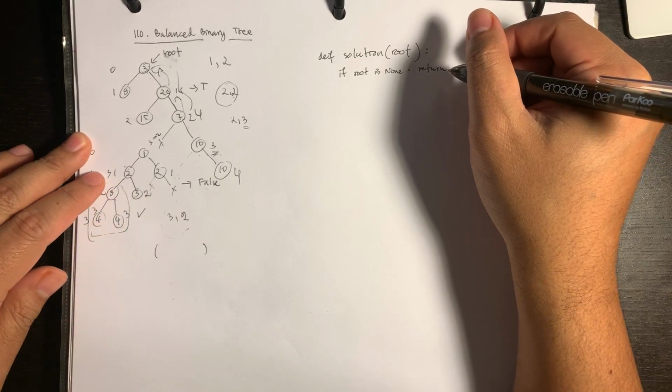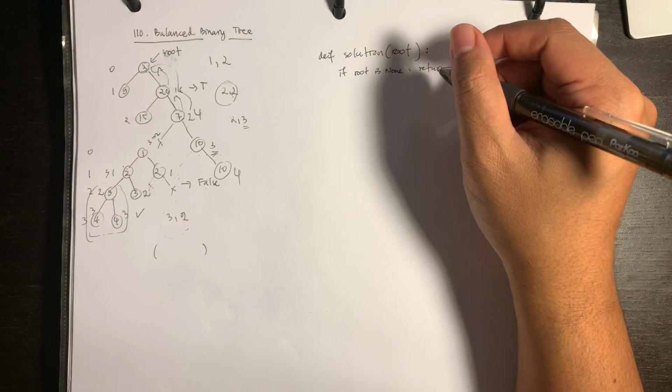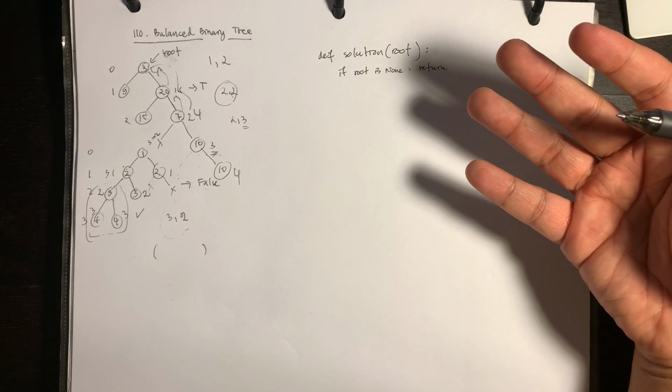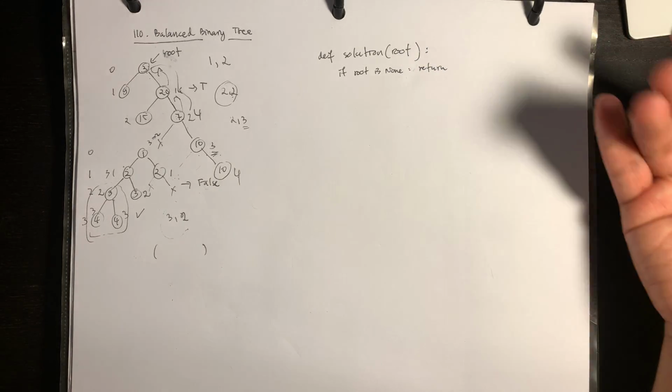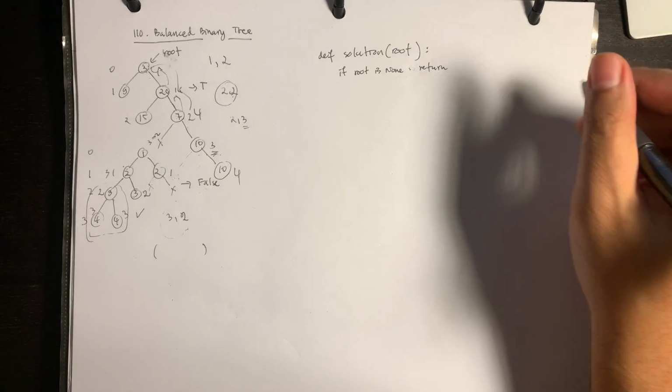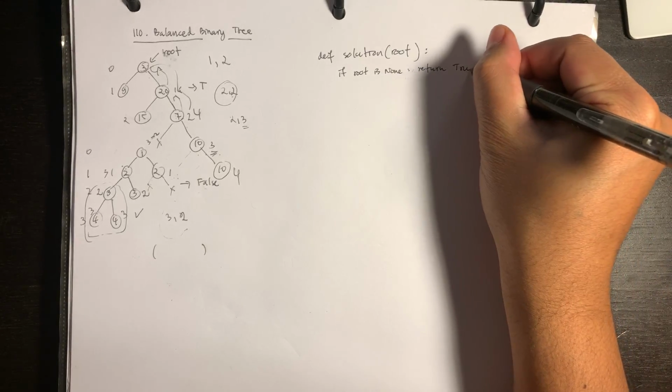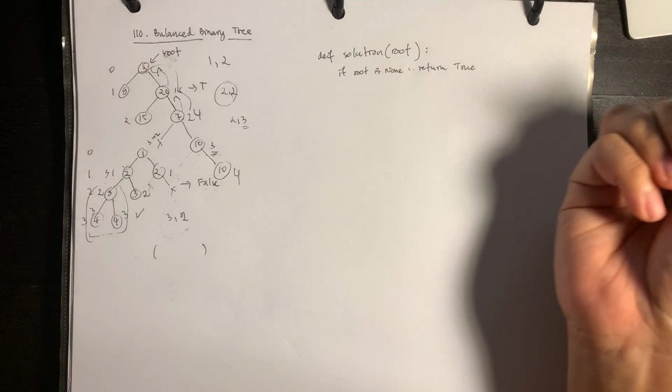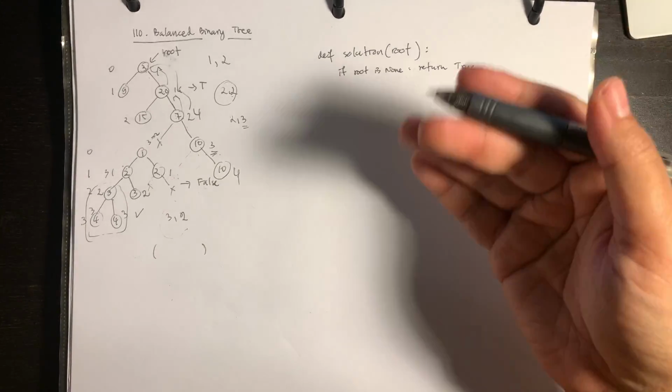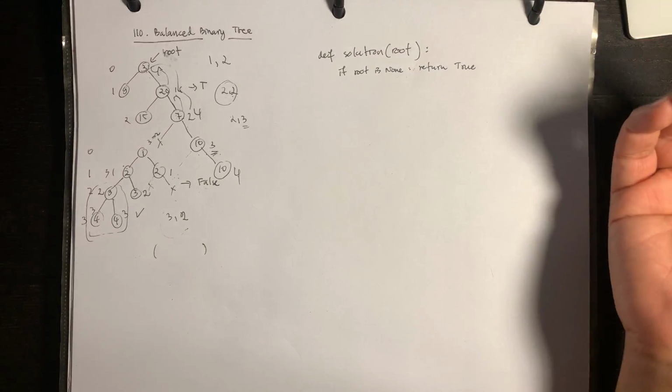It's a good question to ask the interviewer what they want me to return if the node is none. Assuming the interviewer said yes, when root is none, return true.